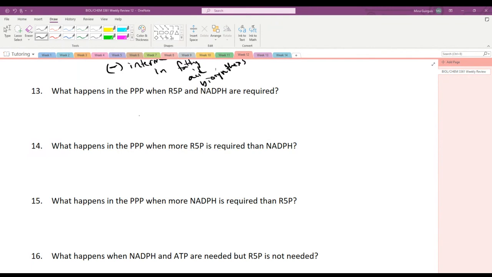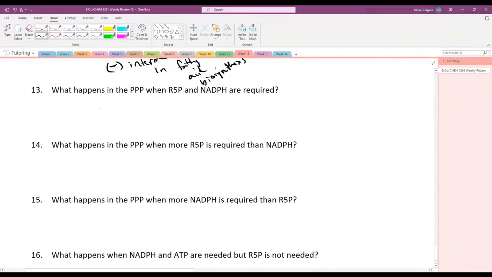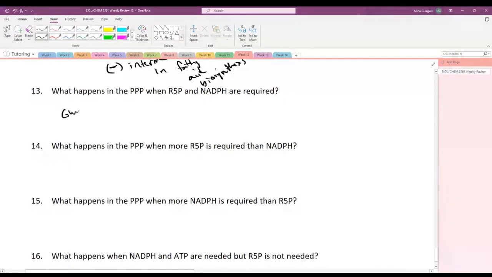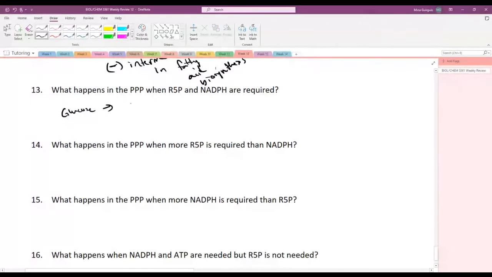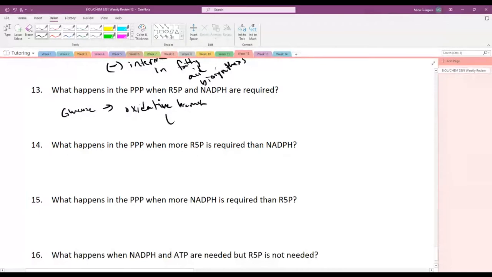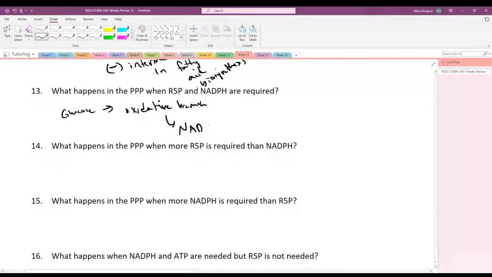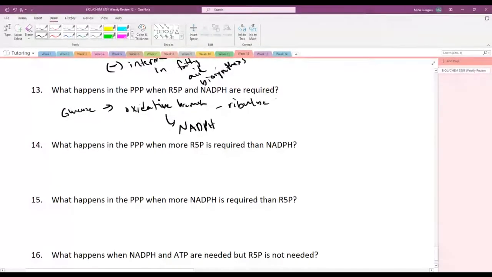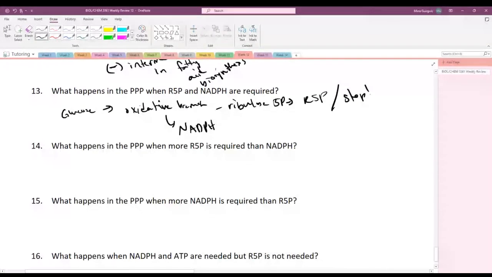So let's agree on the fact that NADPH is only oxidative branch, okay? Therefore, you're going to say glucose in, oxidative branch, to get us a bunch of NADPH. And then when we're left with ribulose 5-phosphate, we use the isomerase reaction to get to R5P, and we stop.